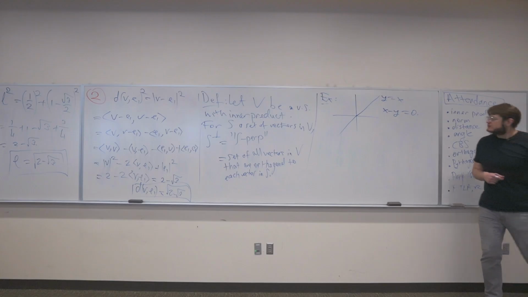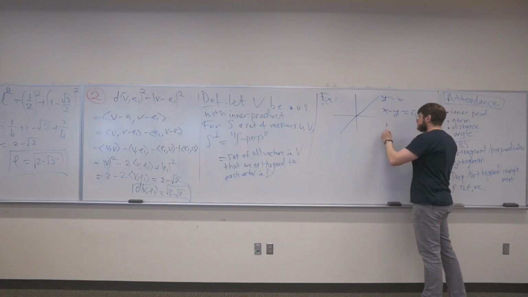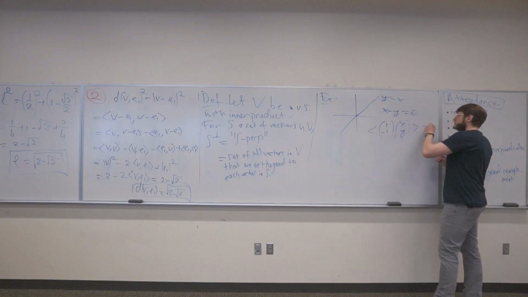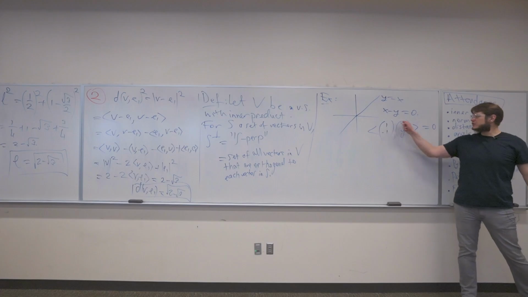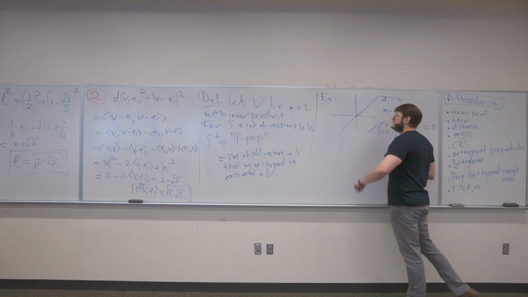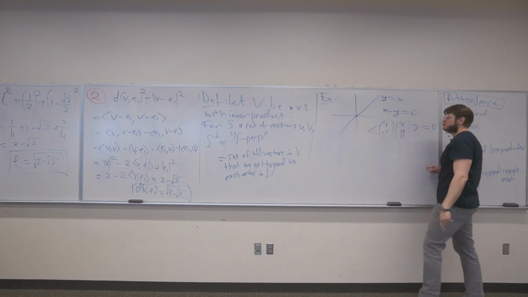This is the same thing as writing (1, minus 1) dot (x, y) is 0. Right? When I dot these two, you get x minus y. That means a point (x, y) is in this line if and only if it is perpendicular to (1, minus 1).